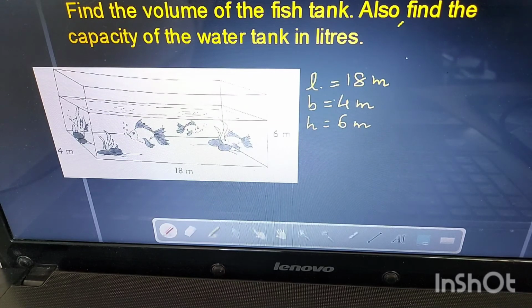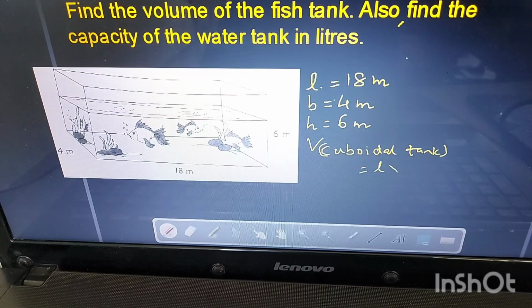Okay, now here we will write the formula for volume of a cuboidal tank. So here, volume of a cuboidal tank. What is the formula? That is length into breadth into height. So here, length into breadth into height. We will substitute the values. So here you have 18 multiplied by 4 multiplied by 6.